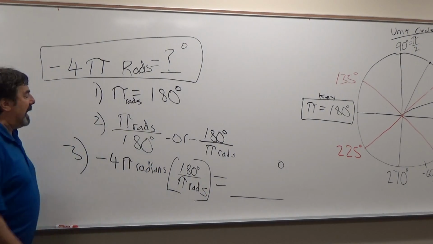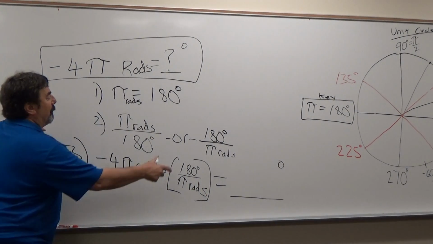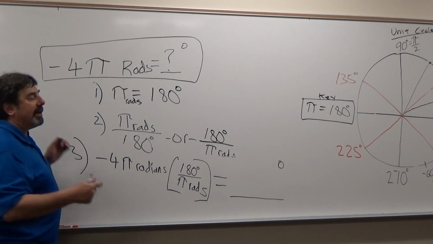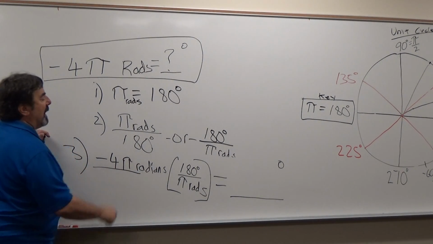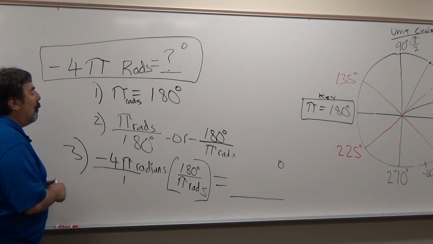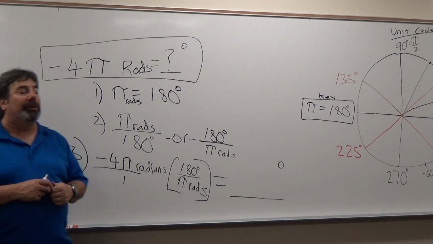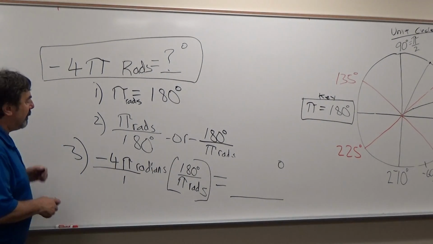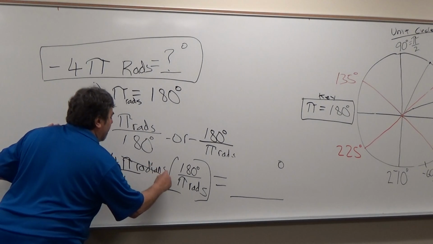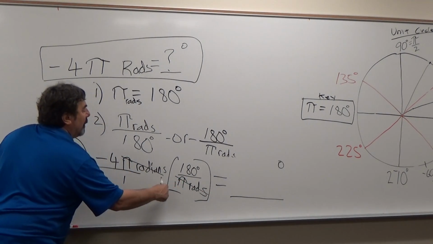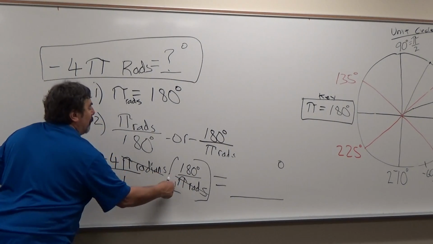Now, I have a fraction times something that's not a fraction. Take a second and turn the thing that's not a fraction into a fraction by putting it over 1. Now, what can I cancel between the numerator and denominator when I do my multiplication? The pi radians. Good job. So we're going to cancel the pi radians, and that leaves me a 1 down here because anything over itself is 1.